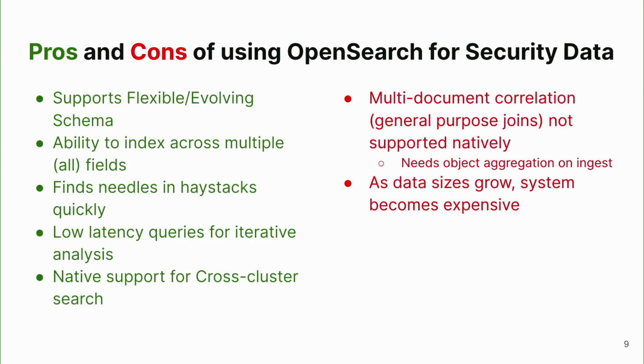So having to go back in time to find these needles is an important requirement. And one of the challenges with OpenSearch is how the cost scales with the amount of data as you increase the amount of retention in your system.